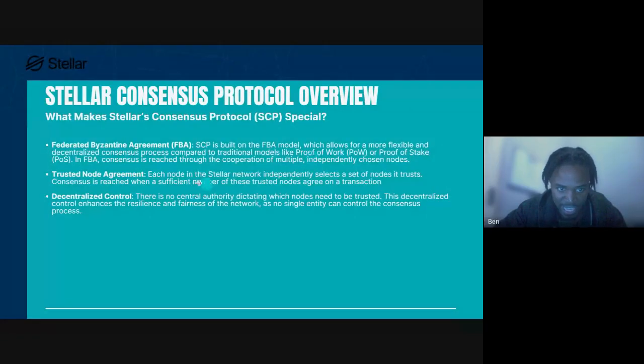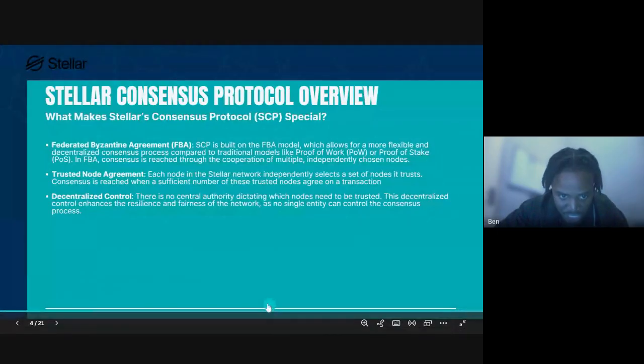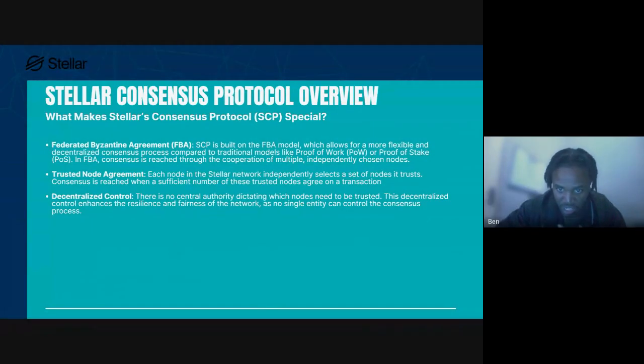In FBA, consensus is reached through the cooperation of multiple independently chosen nodes or trusted nodes. And it also uses trusted node agreement. Each node in a Stellar network independently selects a set of nodes it trusts. Consensus is reached when a sufficient number of these trusted nodes agree on a transaction.